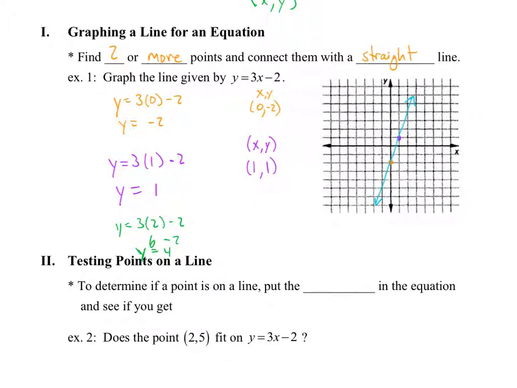So if x is 2, y is 4. So let's see if that works. I go over 2, up 1, 2, 3, 4, right there. Notice how it's on my line still. No matter what point you pick for x, when you solve it, those points will show up on that line. You could pick a negative.